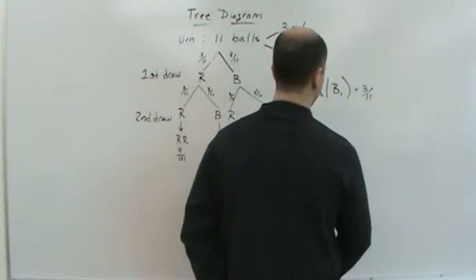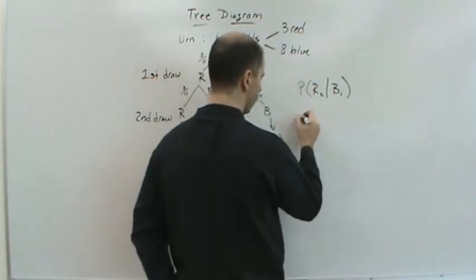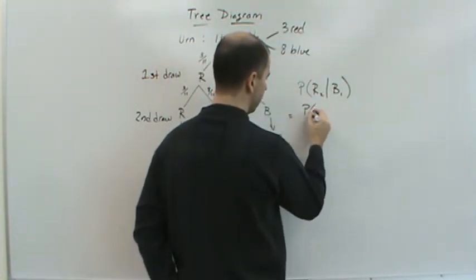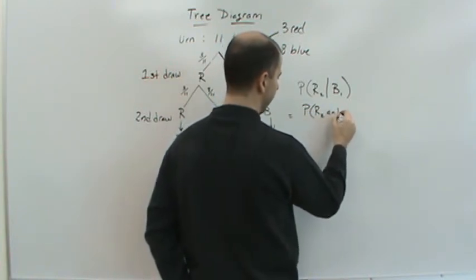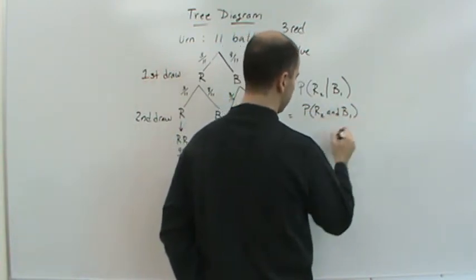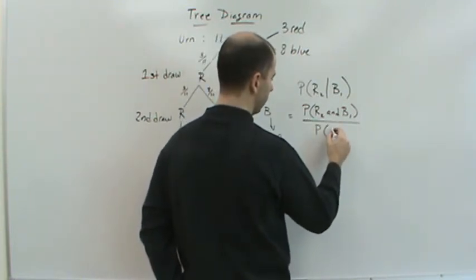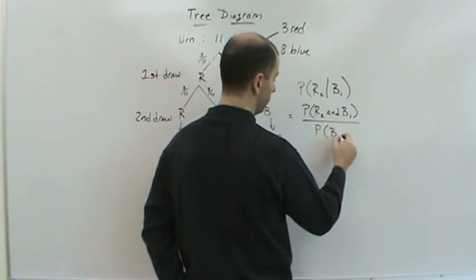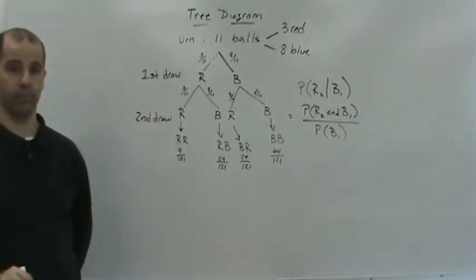Okay? But let's apply the definition, see if we get the same thing. Okay? So the definition here, right, is the probability of getting a red on the second draw and blue on the first draw divided by the probability of getting what? Blue on the first draw. Okay?